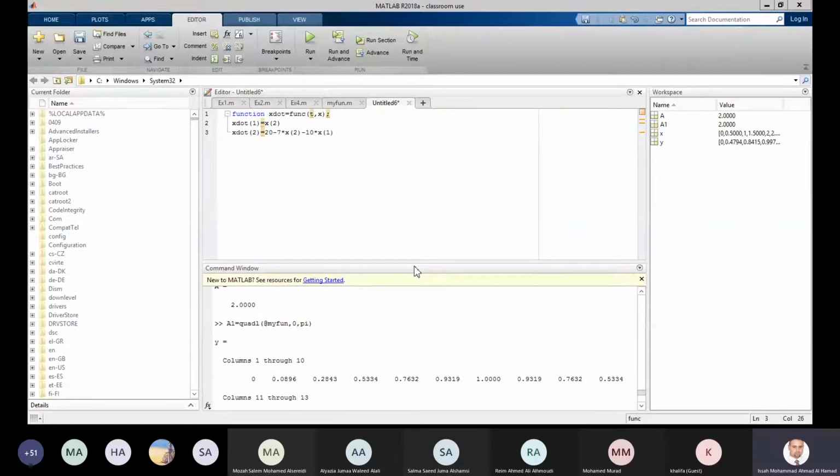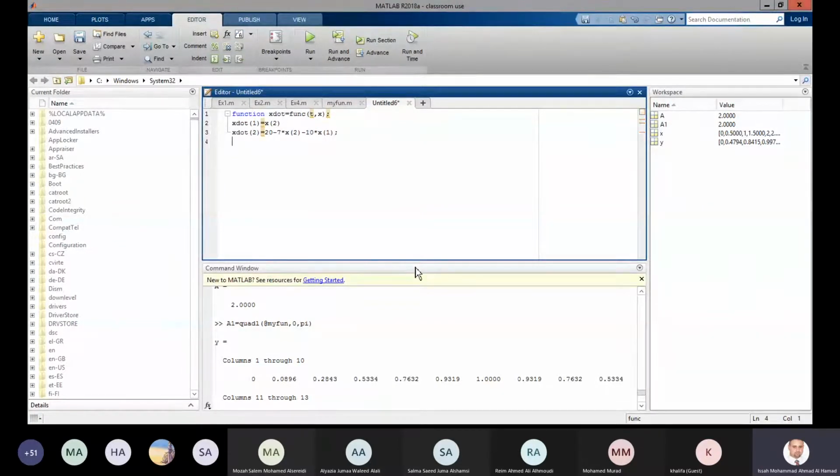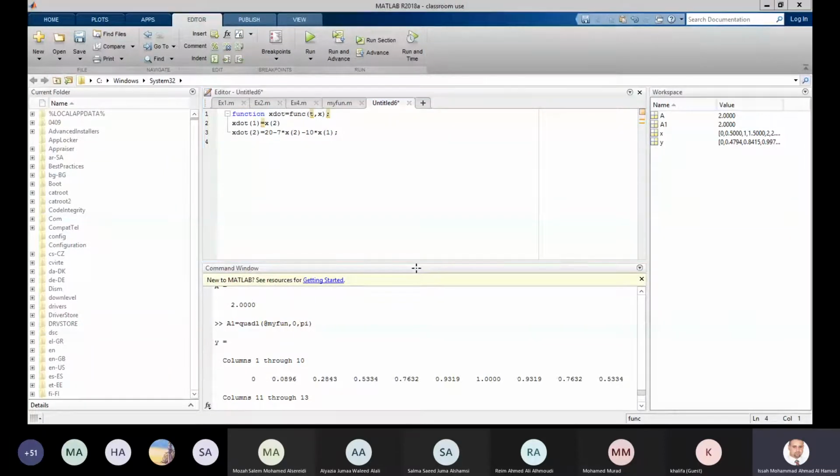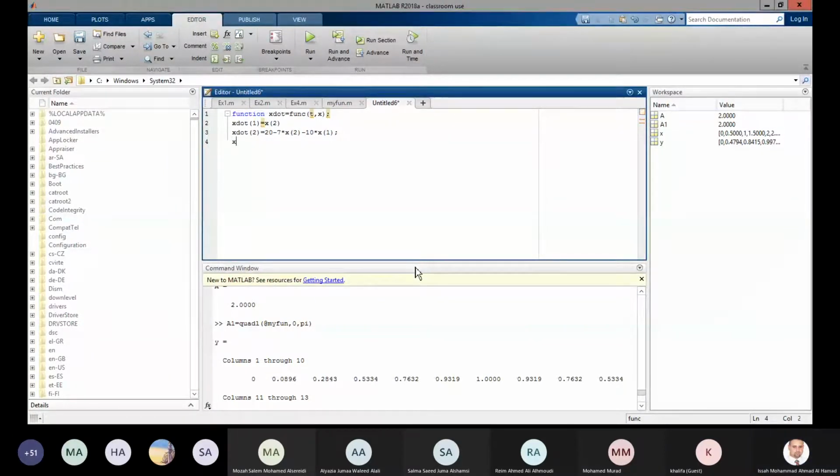And we'll do something, okay? x dot equals x dot transpose.